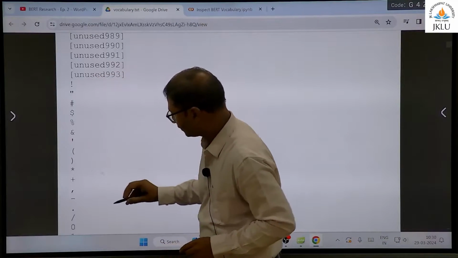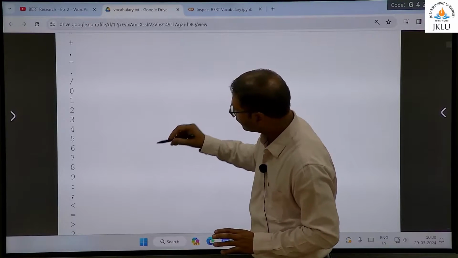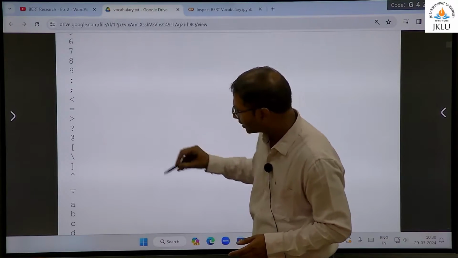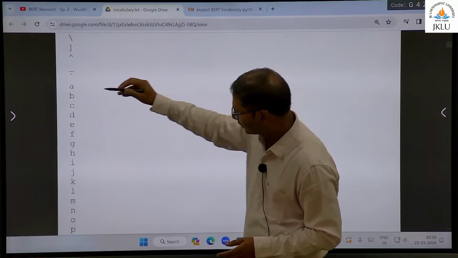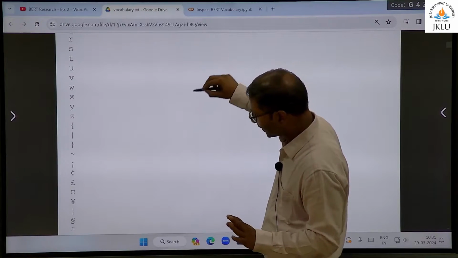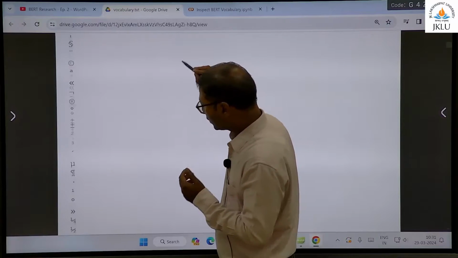And you will see digits from 0 to 9, all the things that you will find on a keyboard. You have English letters. These things are expected because they are there on the keyboard itself. And you can find many more.